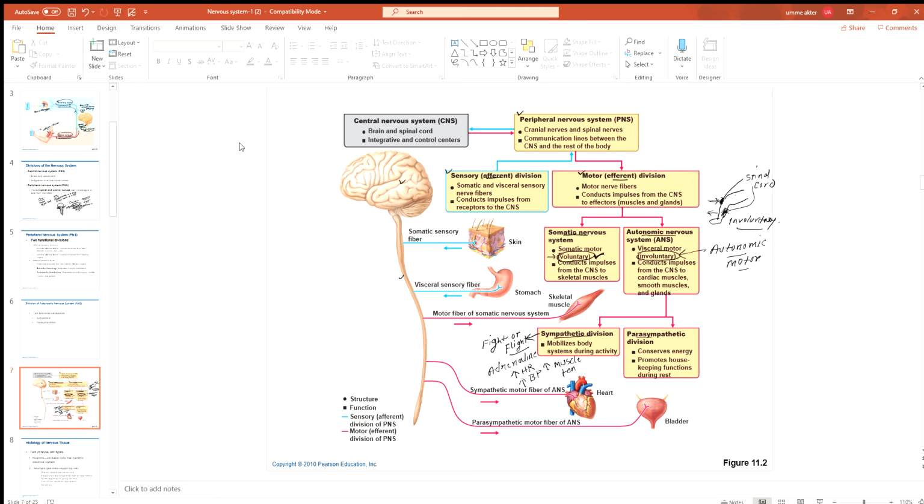So that is the activation of the sympathetic branch of the autonomic nervous system, the response of the body.